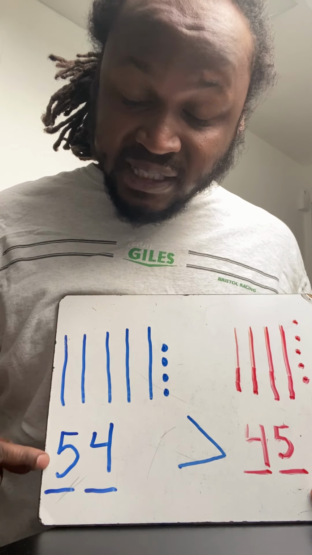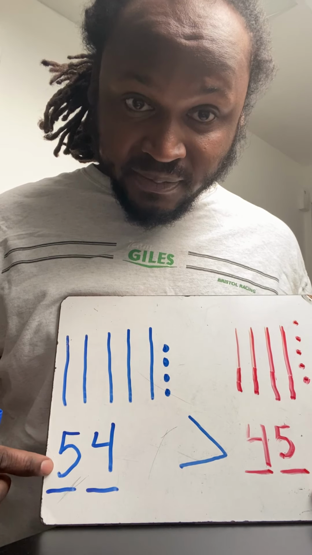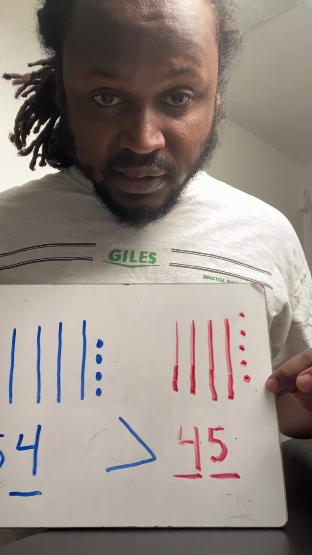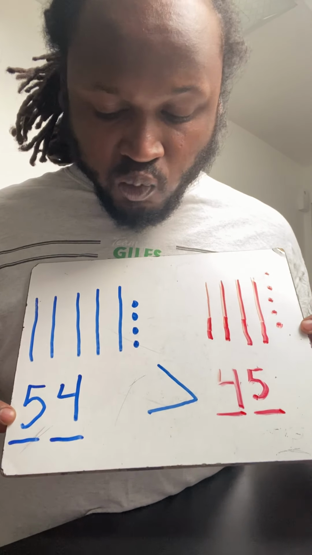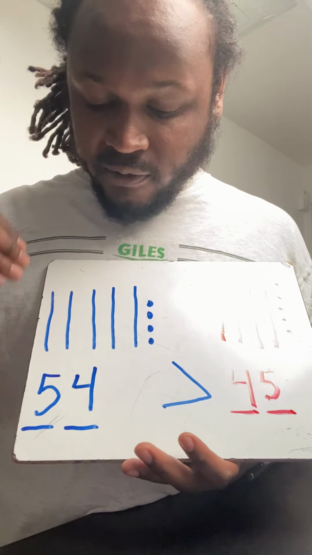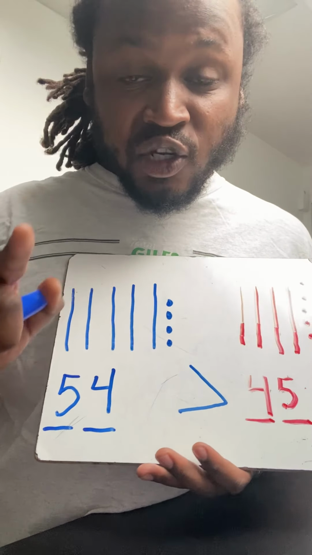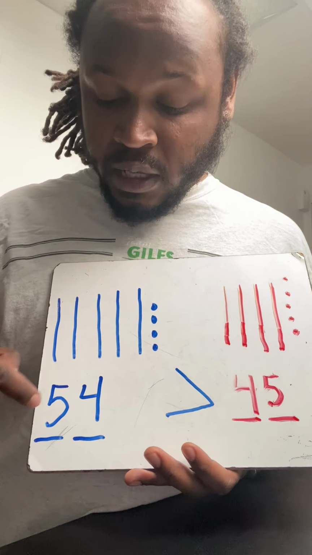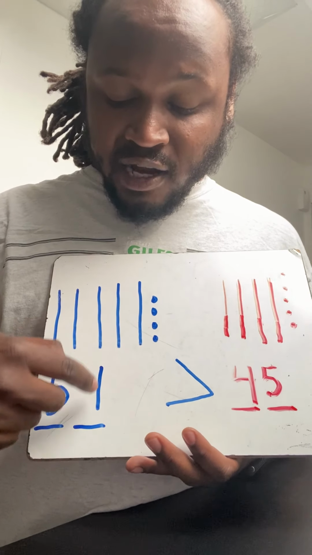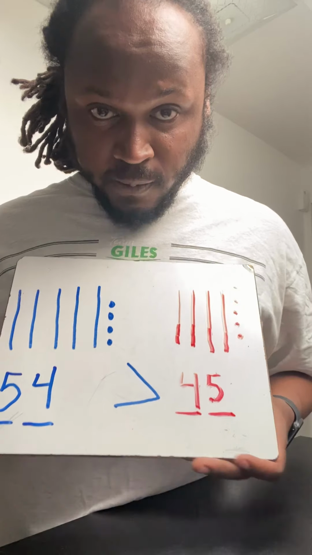So this 5 is in the tens place, and this 5 is in the ones place, all right? So it's really important that you're looking extra close at the number of tens and the number of ones, and making sure that you put the right number in the tens place and the right number in the ones place, okay?